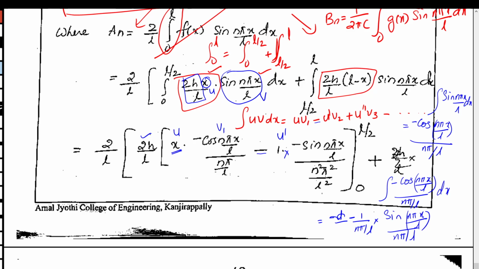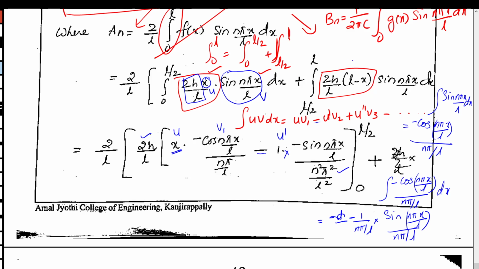Now sin n pi x by L divided by n pi by L into n pi by L becomes n square pi square by L square. Now the next term is plus u double dash. U dash is 1, a constant, therefore u double dash is going to be 0. Therefore we can stop the integration of the first integral over here.